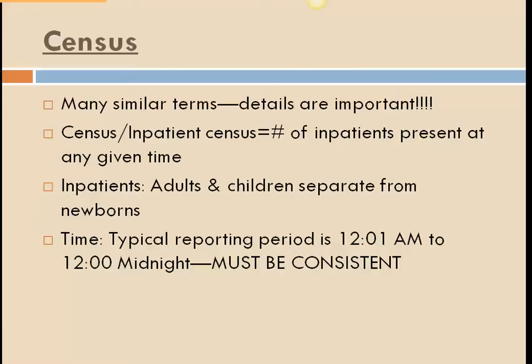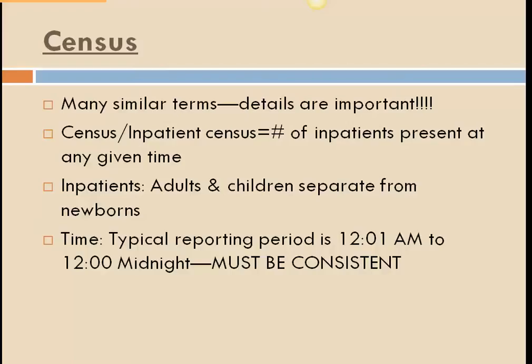The time might vary from facility to facility. Typically, the reporting period goes from 12:01 a.m., so 1 minute after midnight, all the way up to 12 midnight, and then the census is taken at midnight. That period is not regulated, but the important thing is that it's consistent, and most facilities do use this time frame.